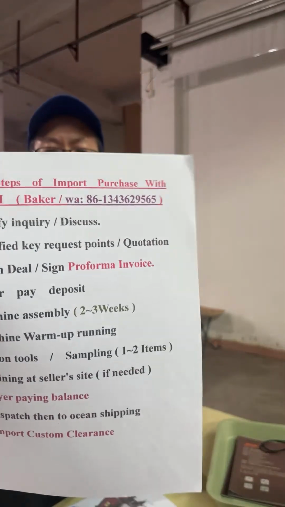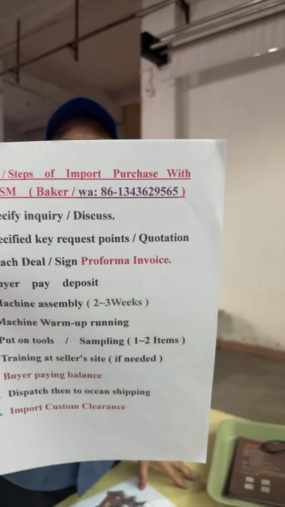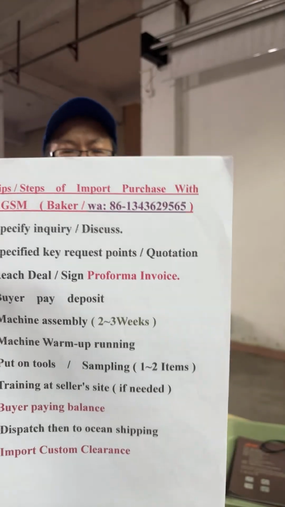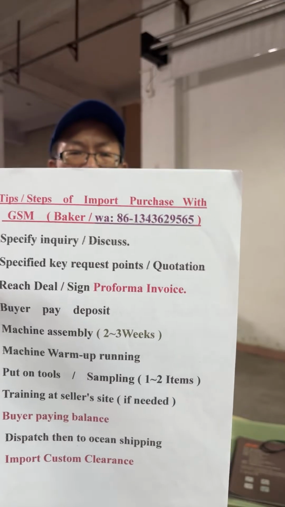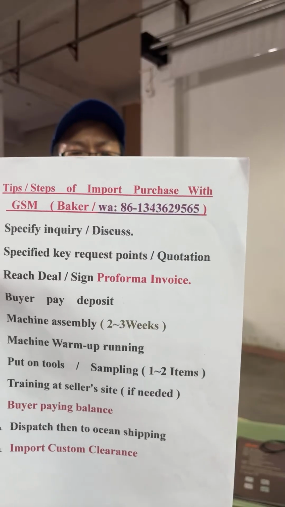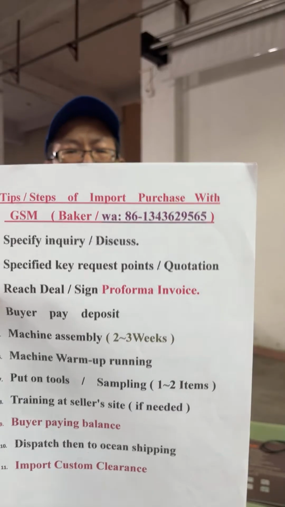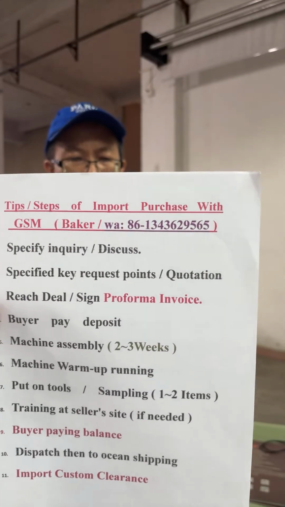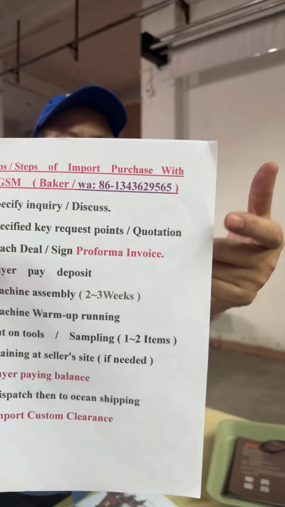This is our key steps of the ordering process. The key step, the full procedure, and the outline for doing foreign exports. If you are starting the post-process with us, this is the key step.